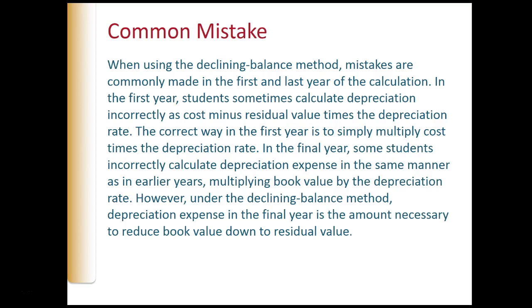And then in the final year, some students incorrectly calculate depreciation expense in the same manner as in earlier years, multiplying book value by the depreciation rate. But in the declining balance method, depreciation expense in the final year is the amount necessary to reduce that book value down to the residual value.